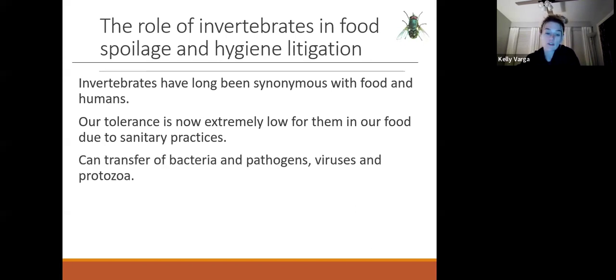Also, they can transfer things like bacteria, pathogens, viruses, and protozoa. And most importantly, when it comes to invertebrates, where for vertebrates we look at things like the feces, we're going to be looking at the ground up protein structure of their exoskeletons, that chitin, their hard exterior.